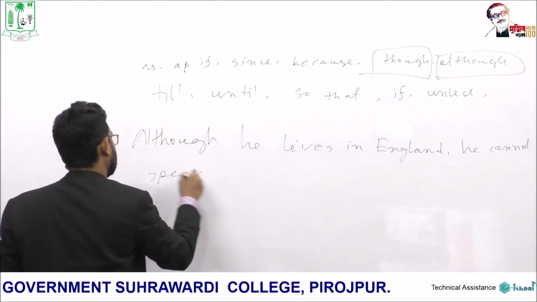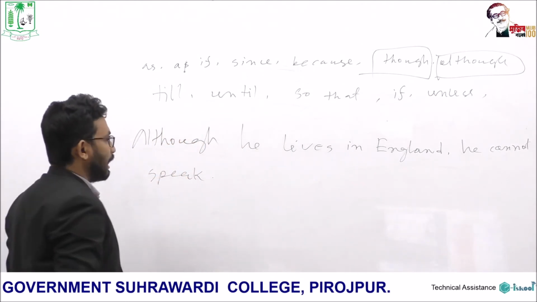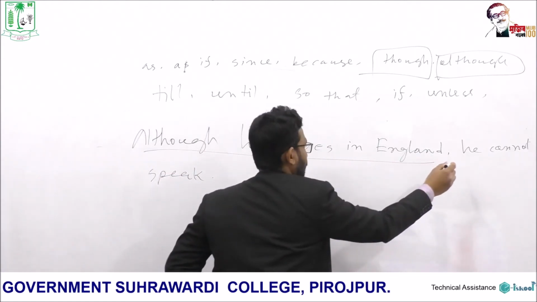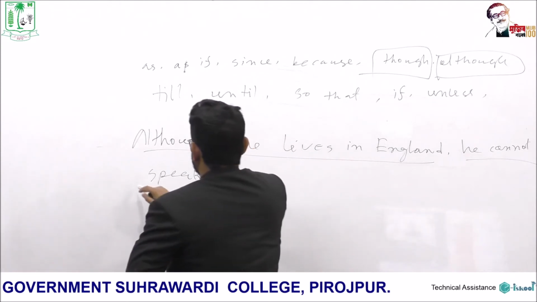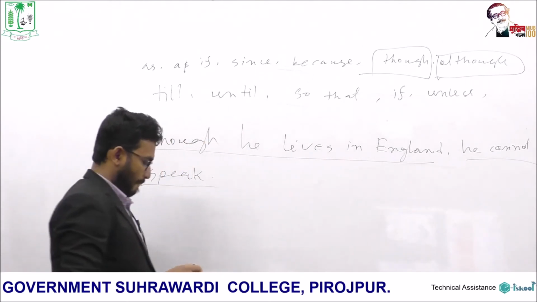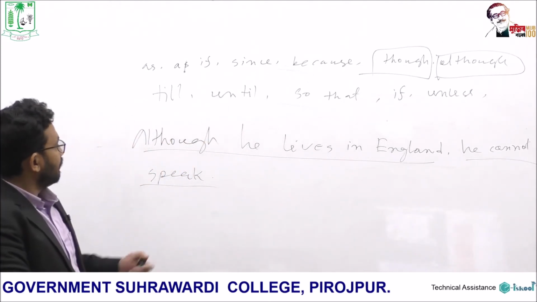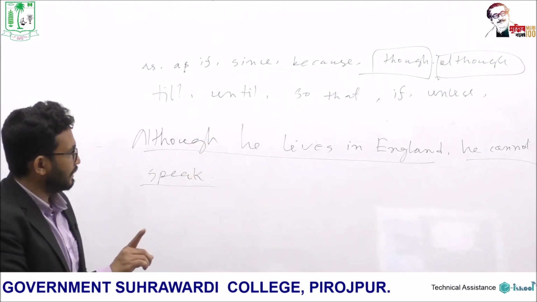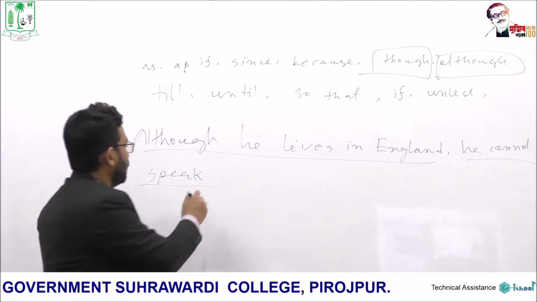Look at this example. How many clauses are there? 1, 2. Although he lives in England is one clause, the other is he cannot speak English.